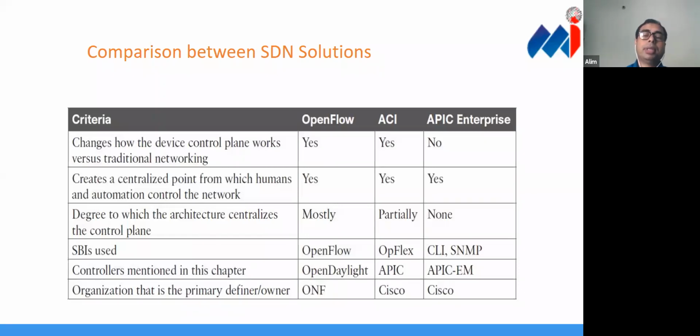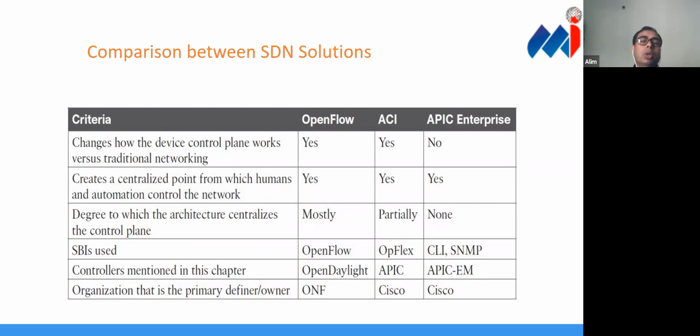So there are differences between different deployments of SDN. OpenFlow is open source SDN, and then Cisco ACI, then Cisco APIC Enterprise Module. But the APIC Enterprise Module is not in use anymore. It has changed its name and been modified into another technology, but based mostly on this concept.